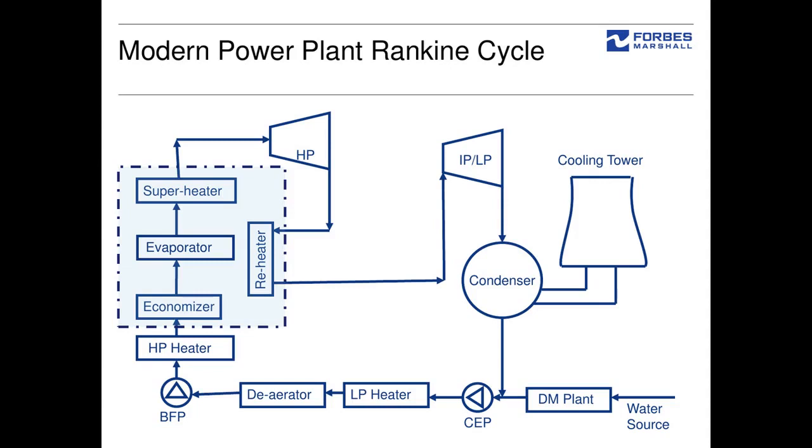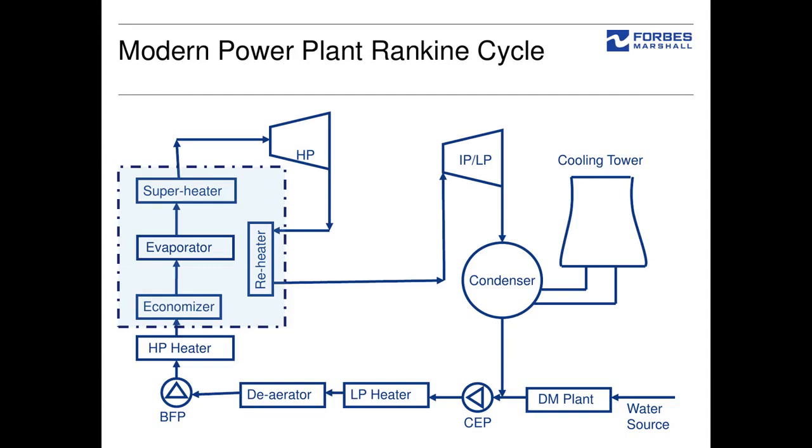Most modern thermal power plants implement all these different ways to increase thermal efficiency of Rankine cycle. I will just show you from this typical diagram. You can see we have introduced superheater, which ensures that steam is further heated in the superheated region before using it in a HP turbine.